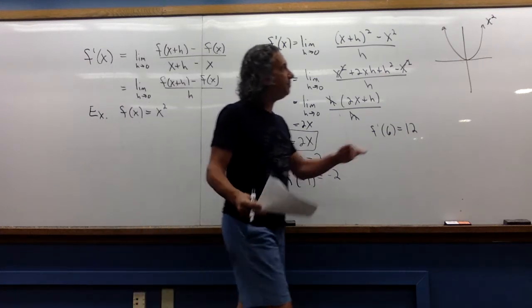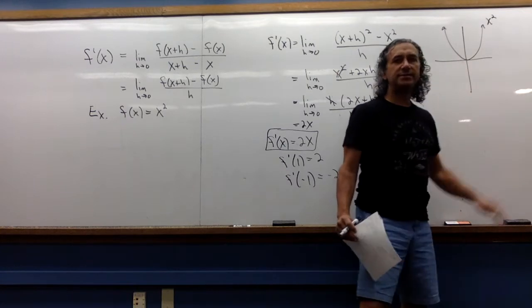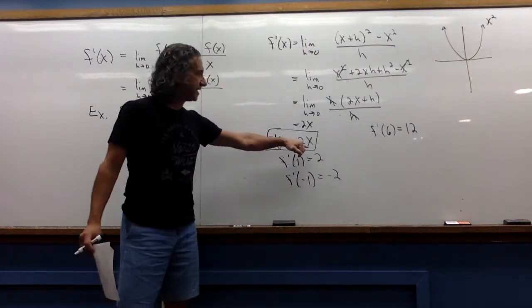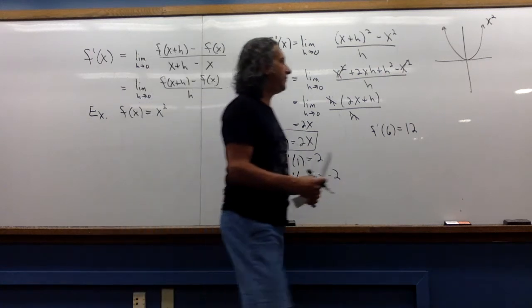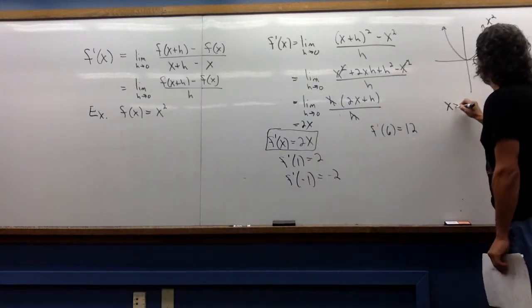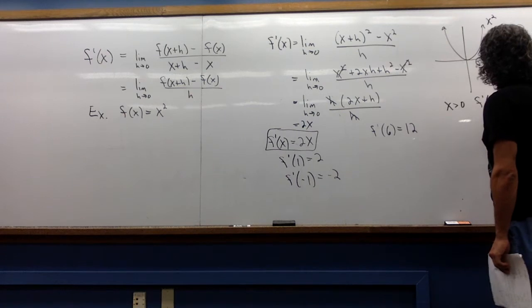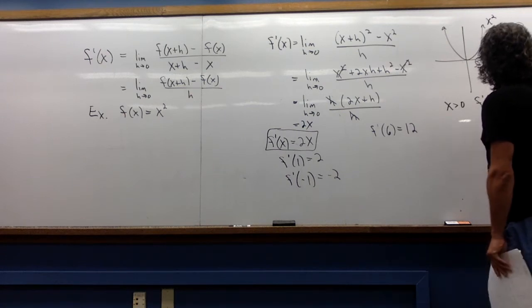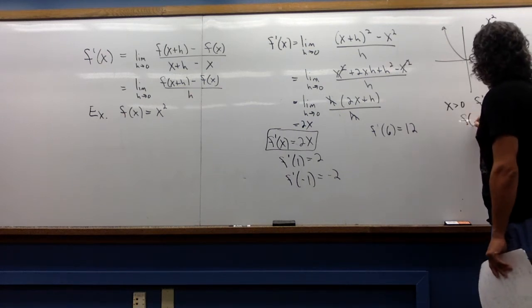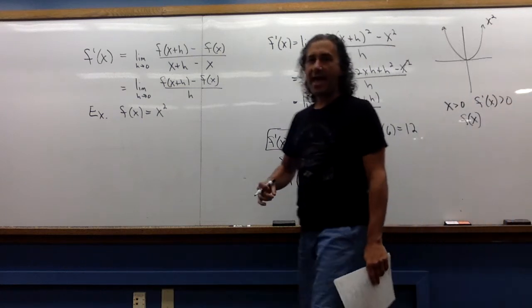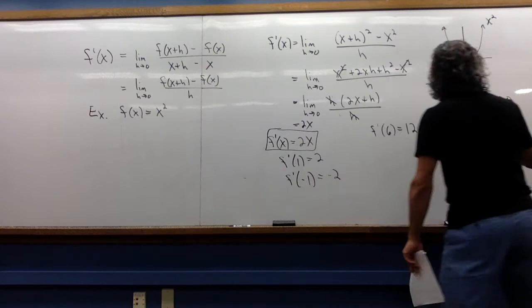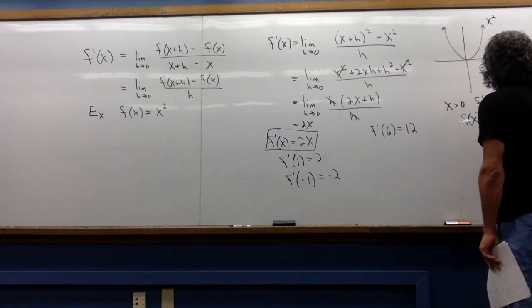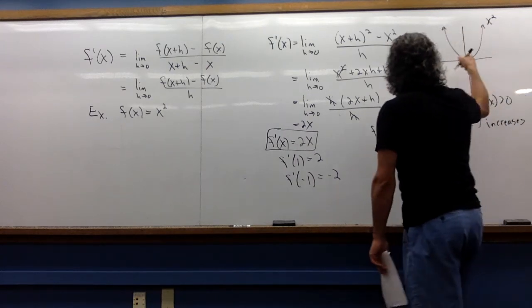If x is bigger than 0, this guy here, 2x, is going to be positive. So if x is bigger than 0, our f prime of x is positive. And in that case, f of x is increasing. Right, look at the picture.